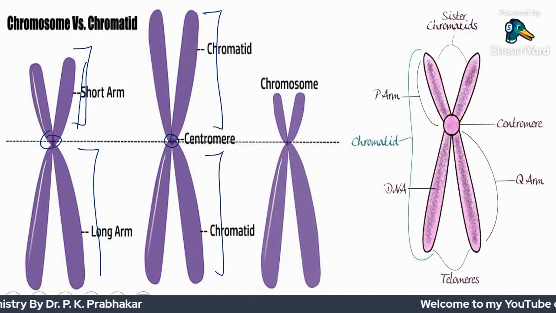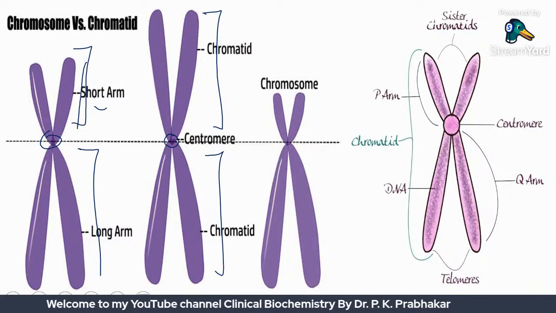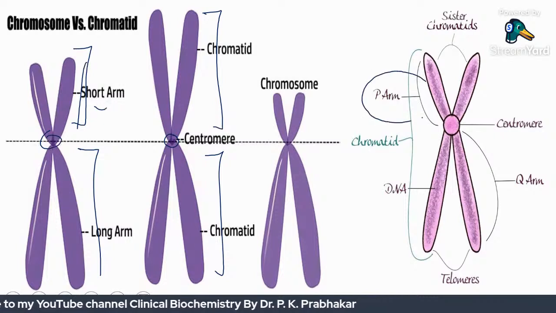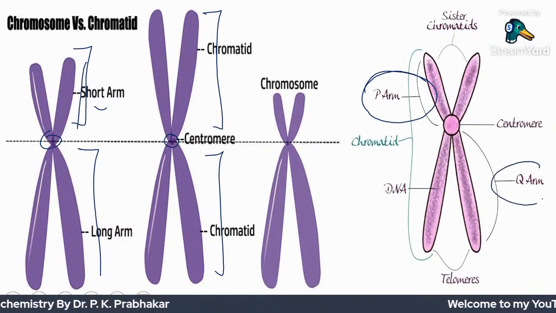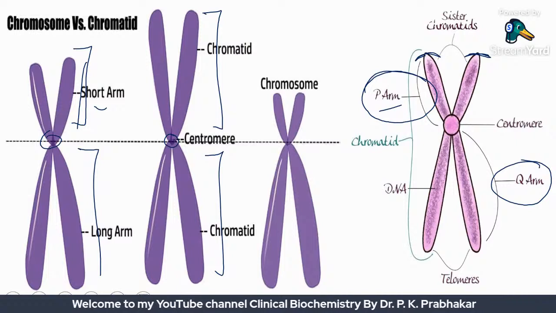So on one side of the centromere we have a short arm, and on the other side a long arm. The short arm is called the P arm, and the long arm is called the Q arm. On both sides we have telomeres. So the P arm is the shorter arm, and the Q arm is the longer arm.